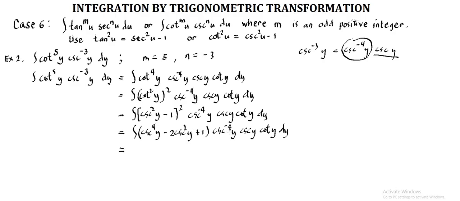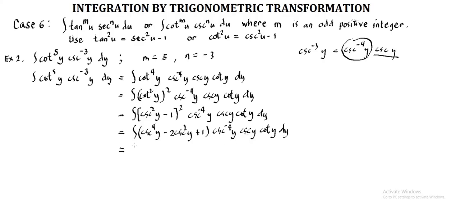So dito, pag multiply natin yung cosecant to the fourth of y sa cosecant to the negative 4 of y, magkakaroon tayo ng cosecant raised to 0 or 1. So, matitiran lang ay 1 times cosecant y, cotangent y dy.